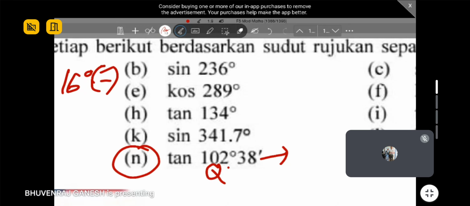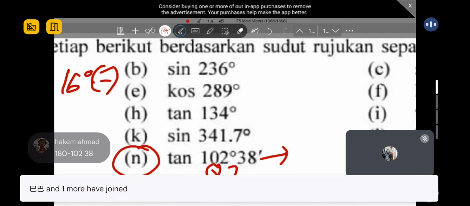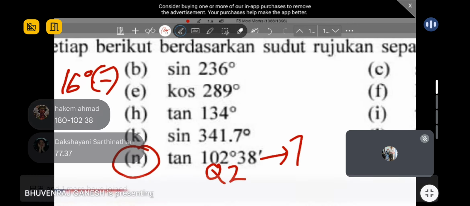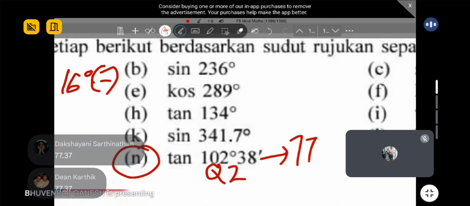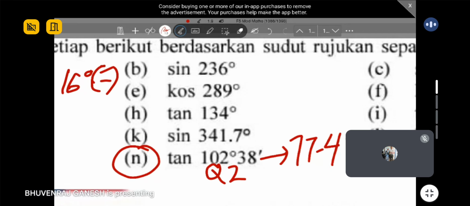Quadrant 2, sudut rujukan. Okay, yes. Okay, you should get 77.4 degree as your reference angle. Ini adalah sudut rujukan kamu. Alright? Yeah, 77.37 also can.